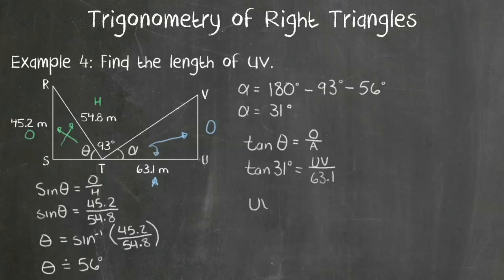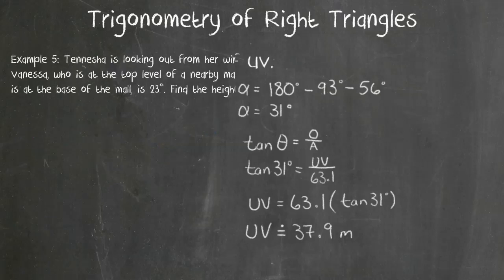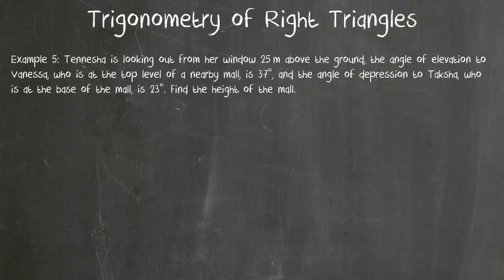This tells us that UV will equal 63.1 times the tangent of 31. We can evaluate this in our calculator, and again, rounding to the nearest tenth, we get that UV is approximately 37.9 meters.